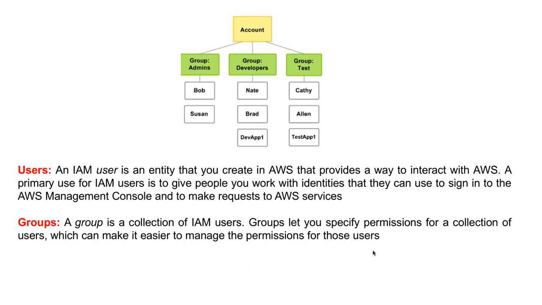Groups. A group is a collection of IAM users, and groups let you specify the permissions for a collection of users, which can make it easier to manage the permissions for those users. For example, today I started an organization with just 10 people.